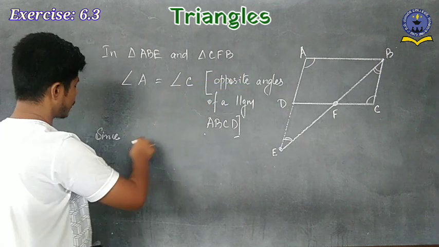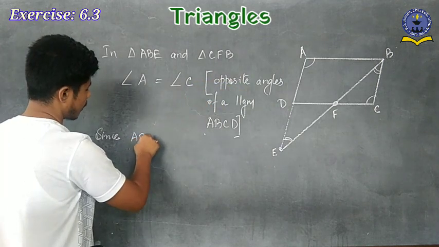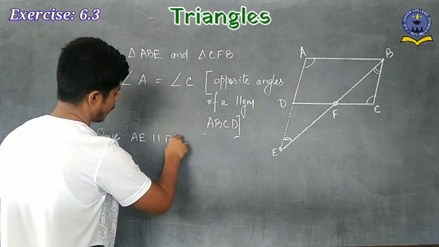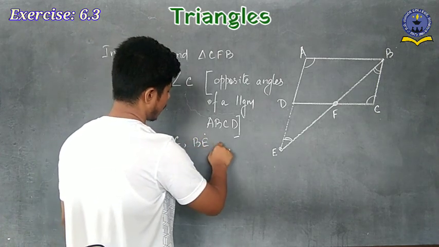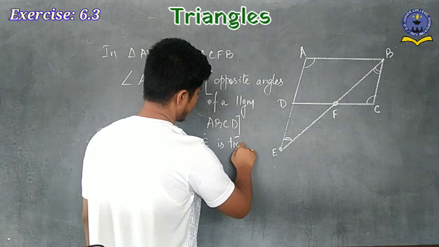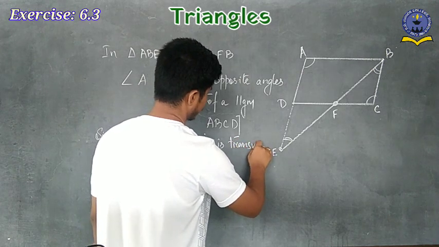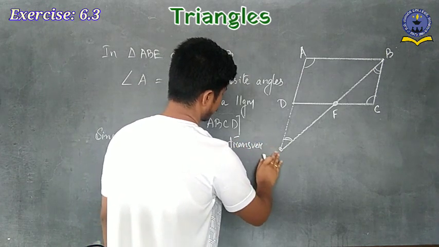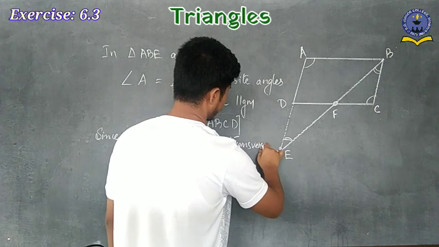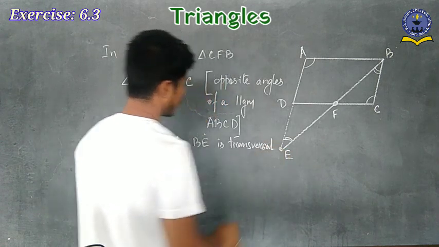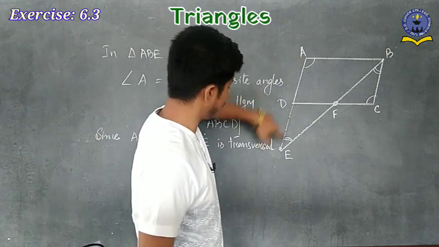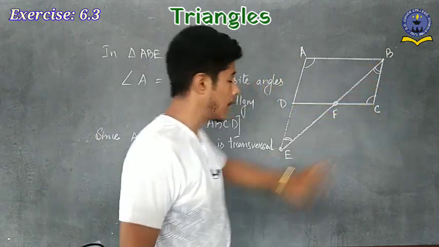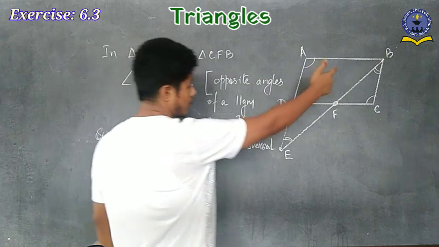Now next one is you have to write here, since AE parallel to BC, we directly write here AE parallel BC and BE is transversal. Is it clear? Since AE parallel to BC and here BE is what?